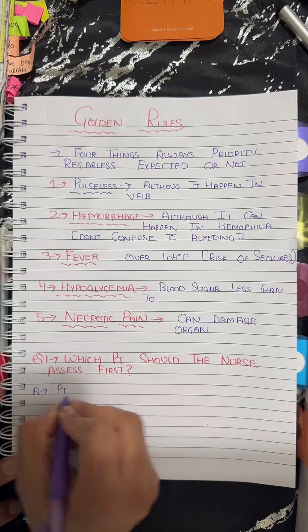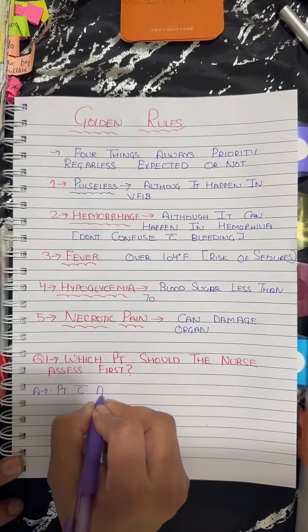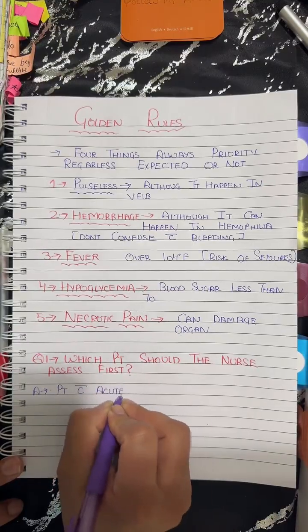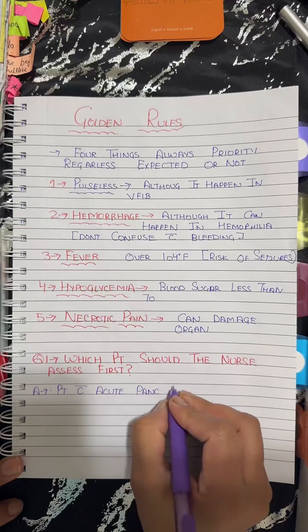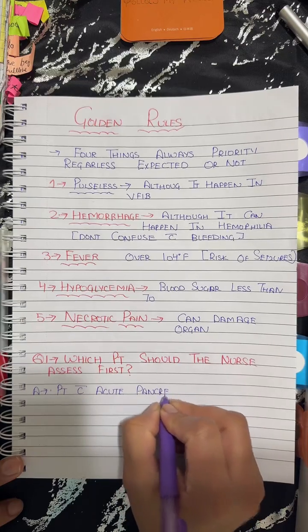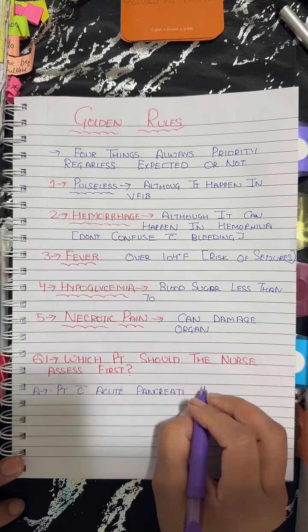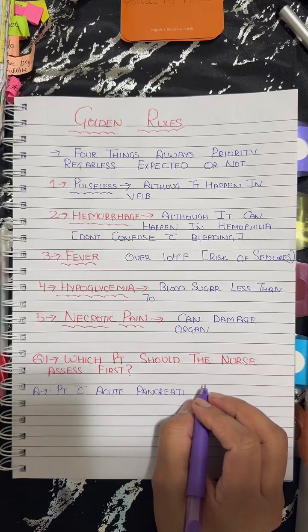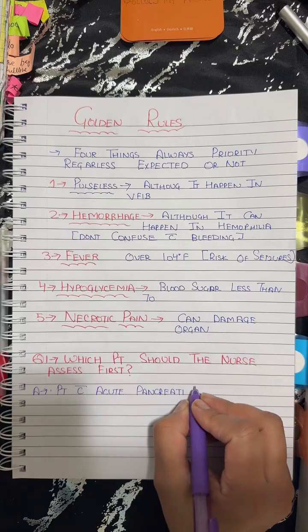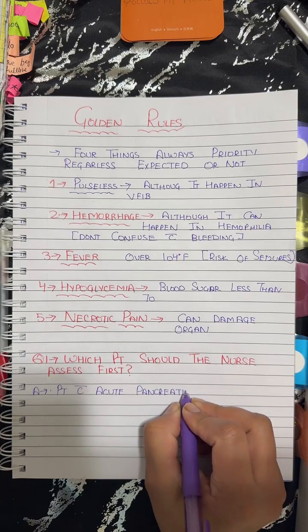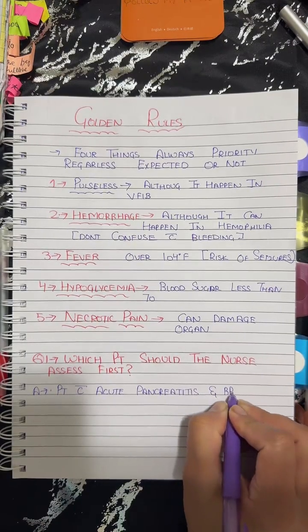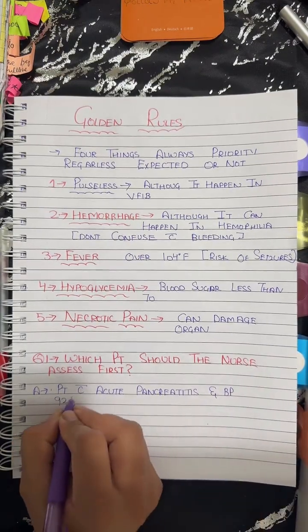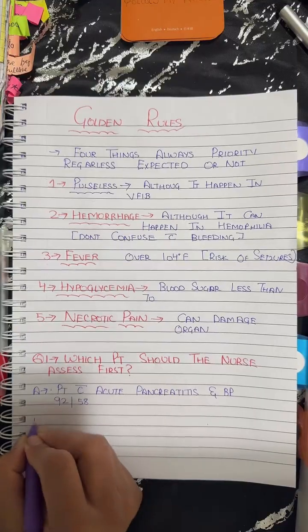Okay, so A, patient with acute pancreatitis falling asleep in bed, and blood pressure 92/58.